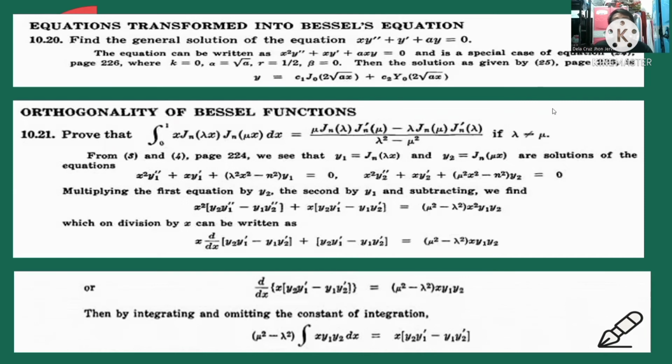Then the solution is given by 25, page 226, y equals first kind solution j sub 0 quantity 2 square root of a x plus yung second kind solution naman natin yung y sub 0 quantity 2 square root of a x.